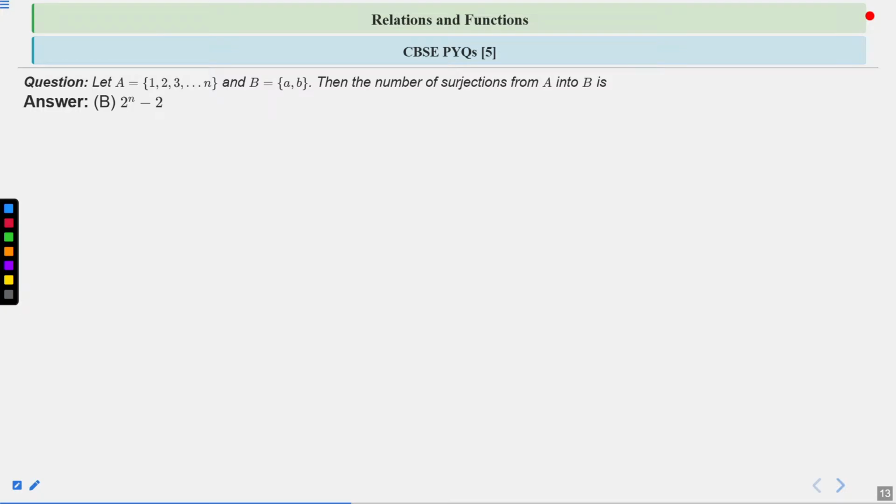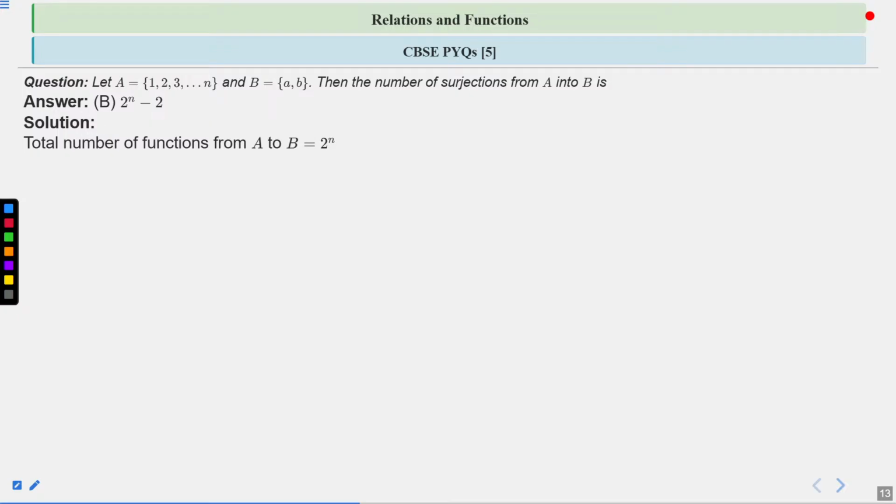Let's move to the solution part. The total number of functions from A to B can be defined as 2 to the power n, we know that.